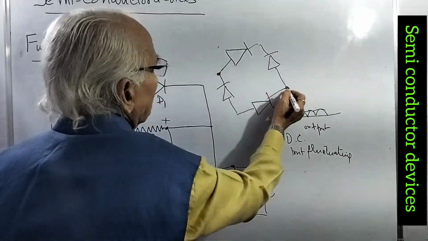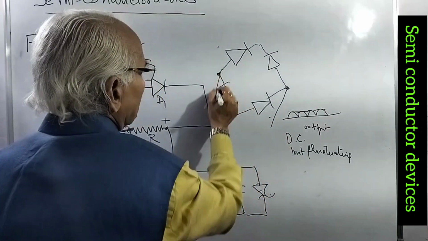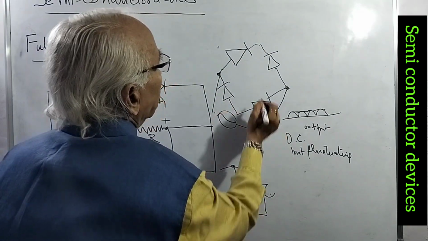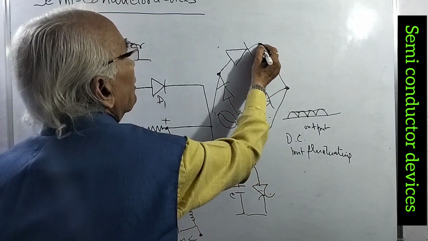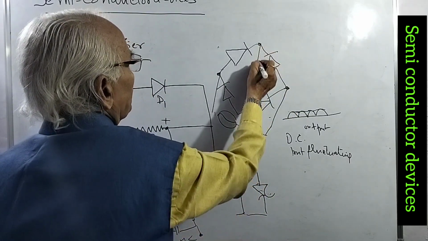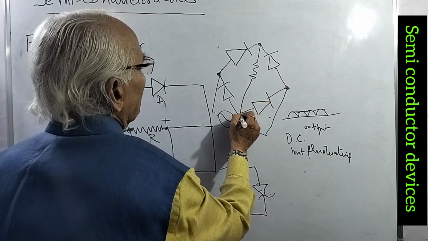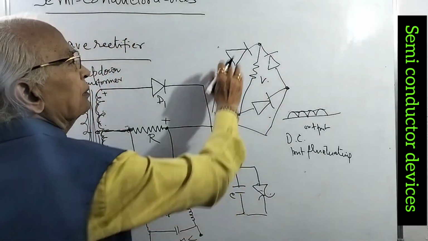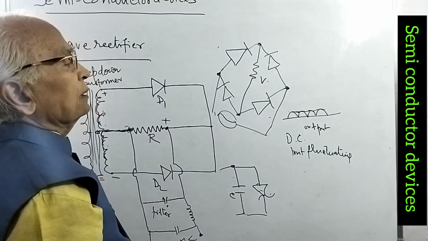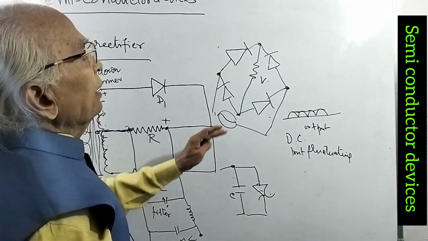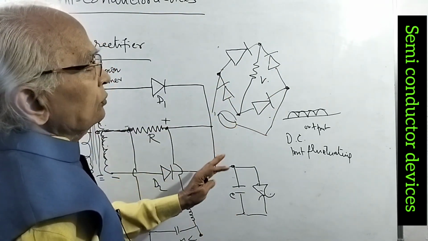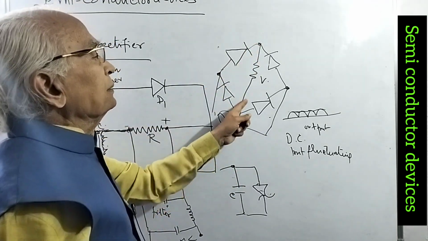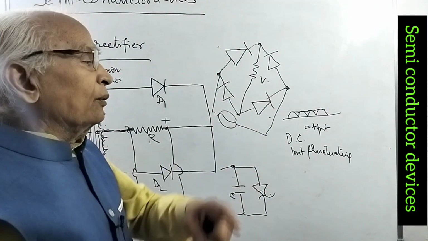Here we supply the transformer, and here we connect a load resistance and we get a DC voltage here. So four diodes connected like this is a bridge rectifier, and since four diodes are used, they give a more constant voltage, and this constant voltage is connected to the rectifier and to the zener diode.